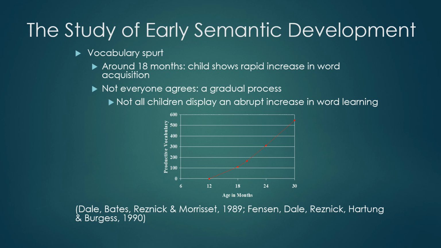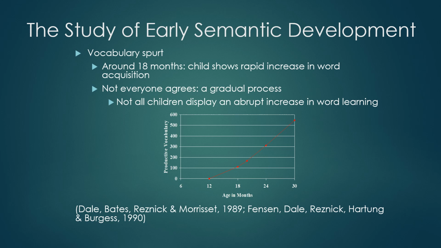Dale and his colleagues measure the growth of children's word learning in the first few years by giving parents a checklist of words to fill out each month to report what words the child was using. They find that word learning is a relatively steady process from about 12 months onward. Children are adding about 30 words per month, or around 1 word per day, to their vocabulary.